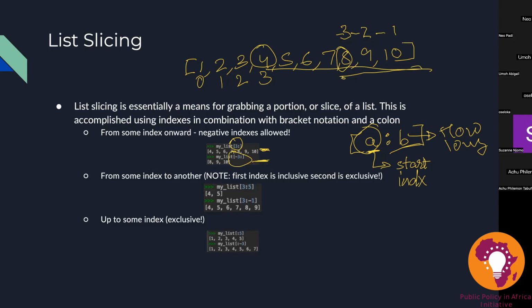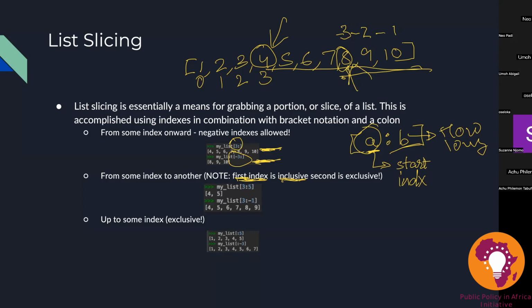Then we have from one index to the other. The first index is inclusive. What this means is we include the number in it. As you can see, the first time, at the third index, we included 4 in our answer. And the second time, when we had -3 as our index, we included 8 in our answer. Similarly, here we'll have 3 till 5.